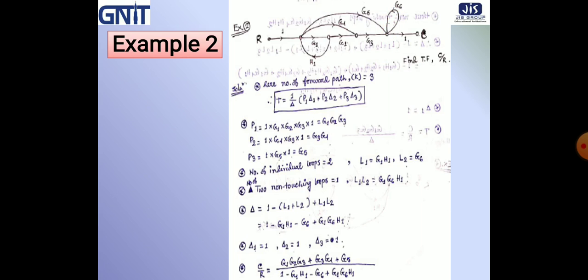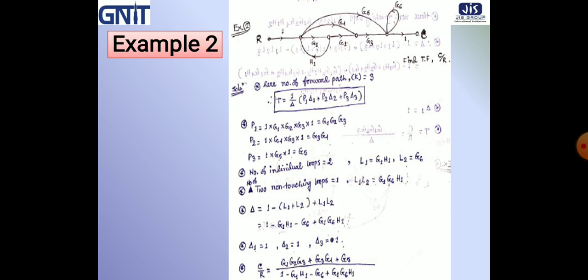Now let's find whether there are any non-touching loops present. Here two loops are present. This is one loop and this is one loop. Do these two loops have any common node? No, there are no common nodes for these two loops. So these two loops are non-touching. So we have to calculate the multiplication of two non-touching loops, all possible combinations.